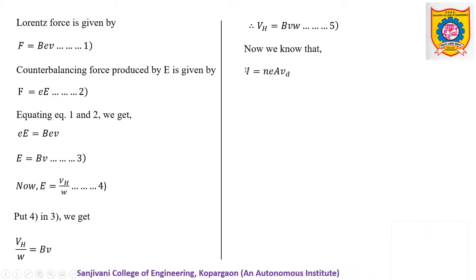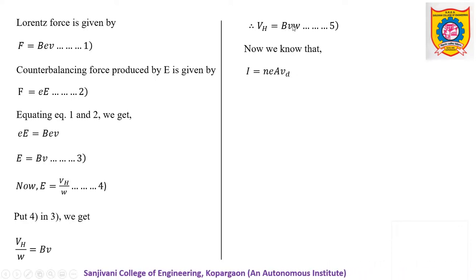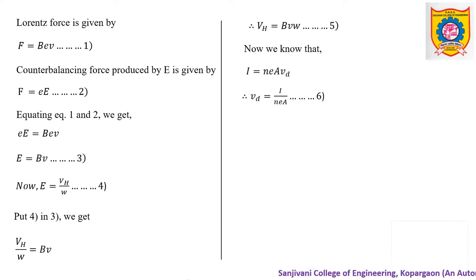I is the current flowing through the material, N is the carrier concentration, e is the charge of charge carriers, A is the cross-sectional area of the specimen, and VD stands for drift velocity. Now equation 5 consists of VD, which can be replaced with the help of this equation. So we will rearrange it for VD. The equation becomes VD equals I upon NeA, as equation number 6.